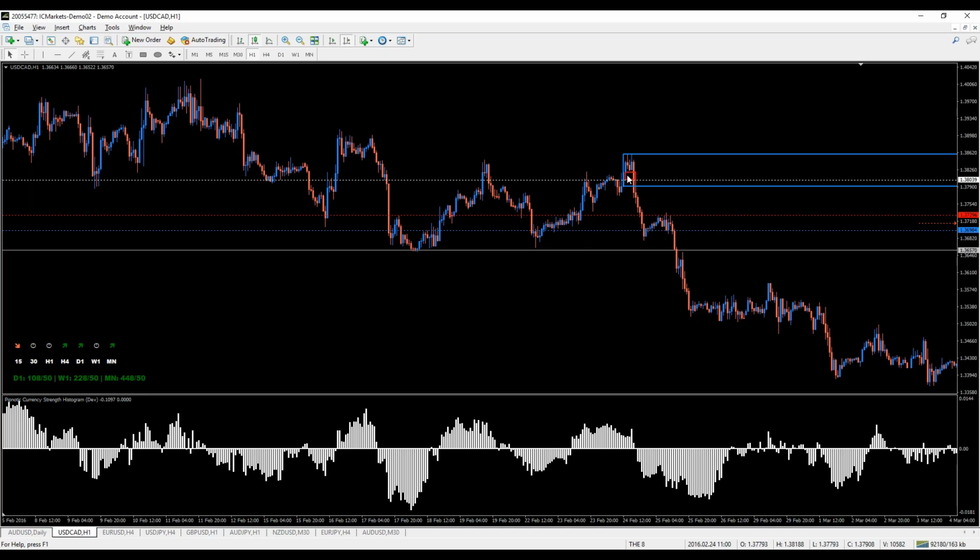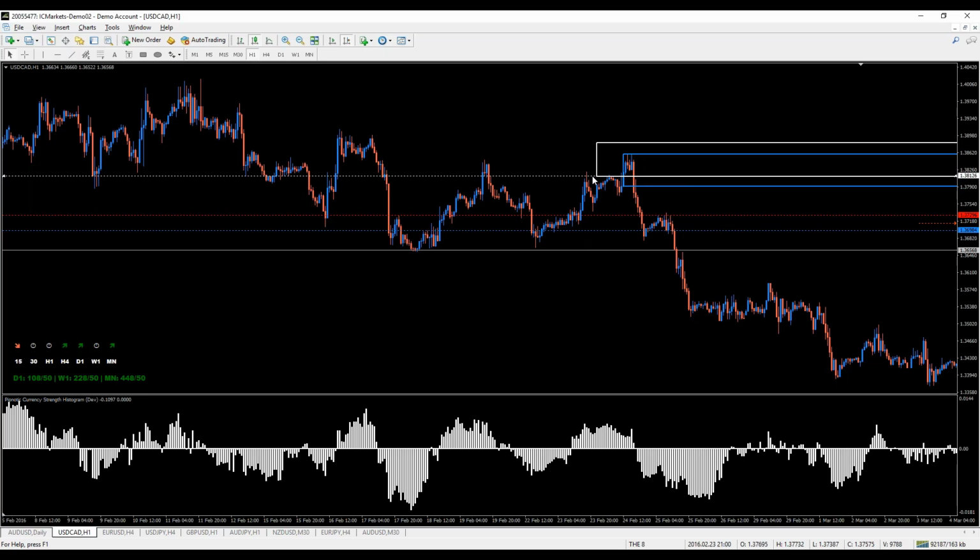So I would close that, and I would simply put my entry over the high, and I would put it just below this low here. So around the, what is that? Just around here, so around the 138.10.